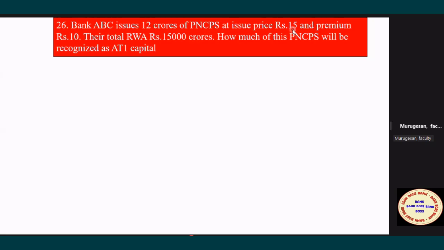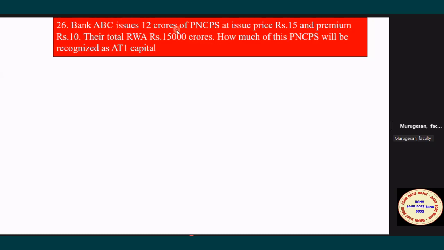At the issue price 15 and the premium is 10, so total price is 25 per share. So 12 crore shares into 25, each share is 25. So 12 crore into 25 will become 300 crores.